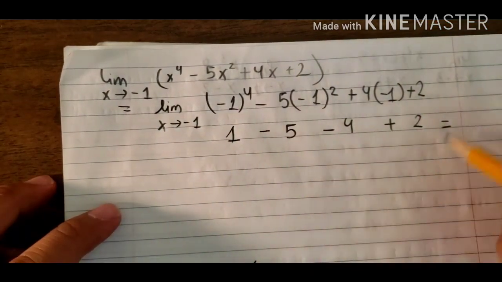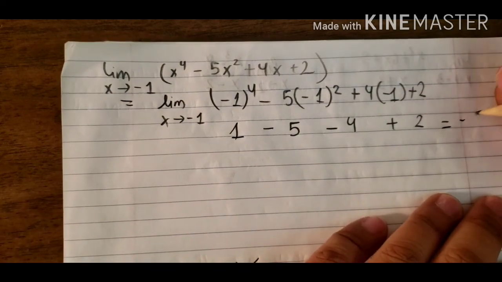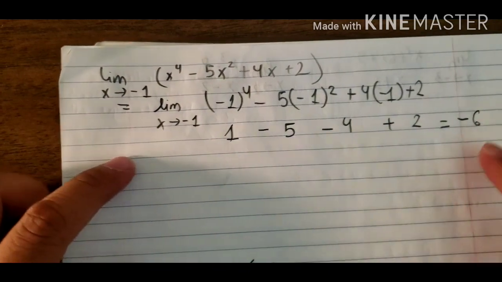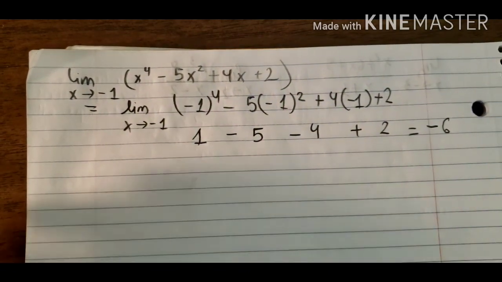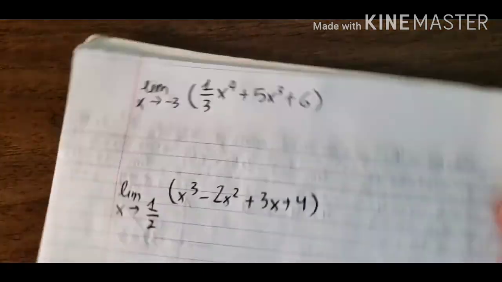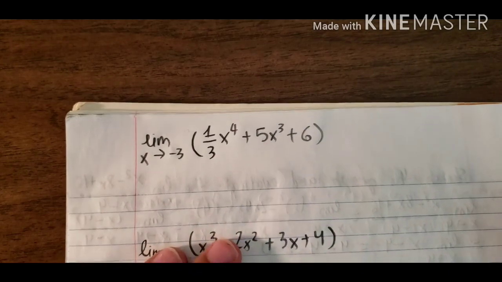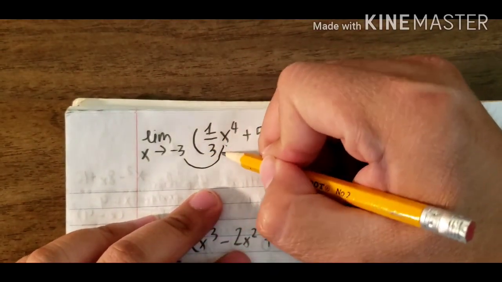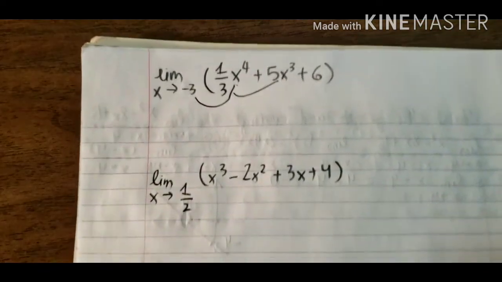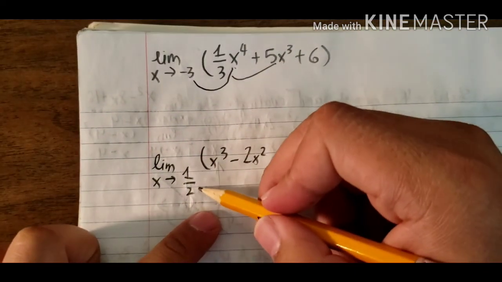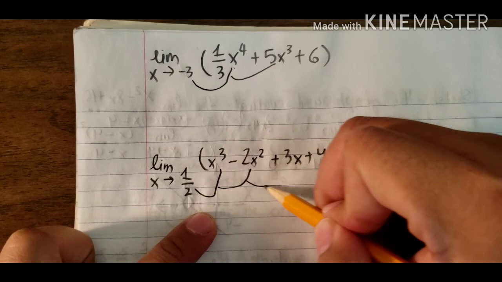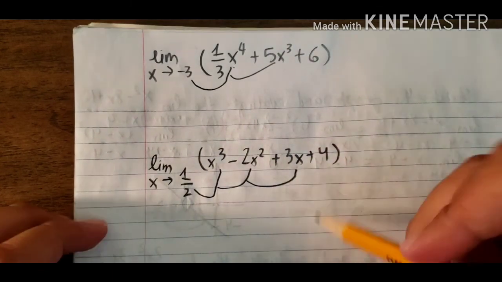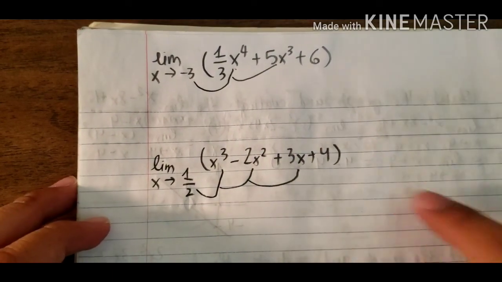And we sum together, we have -6. So that's it, the answer for the question. The next one is similar. We just input the number -3 in here and in here. Similar with 1 over 2, put the number in here, so that you can get the answer very fast like that.